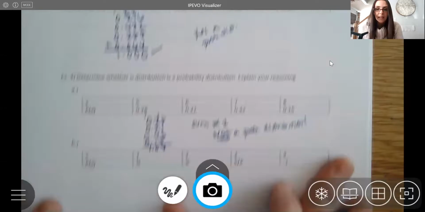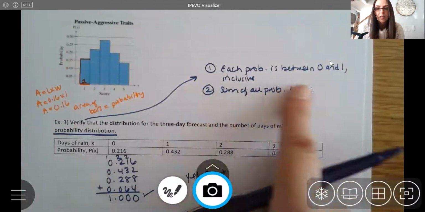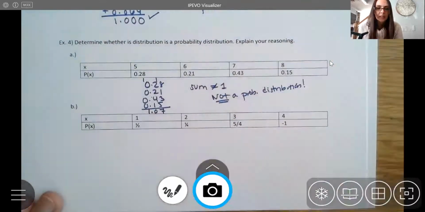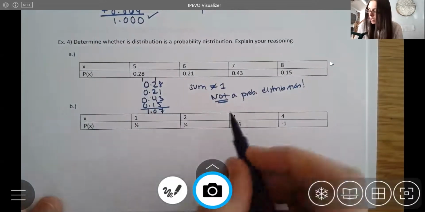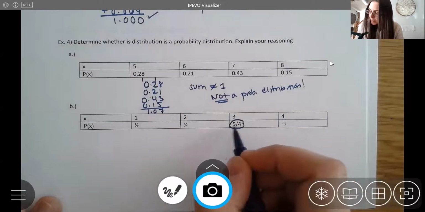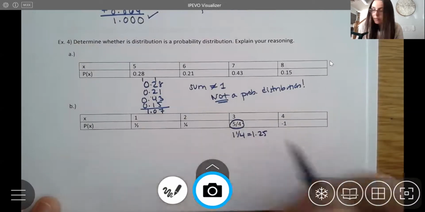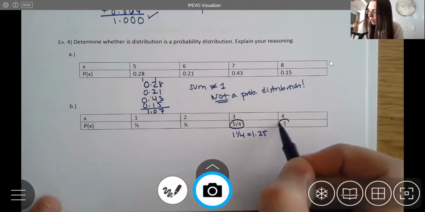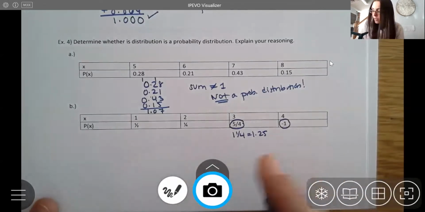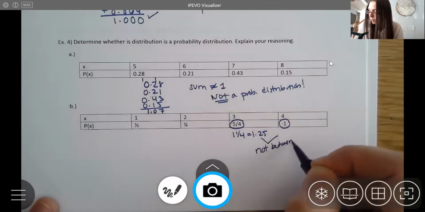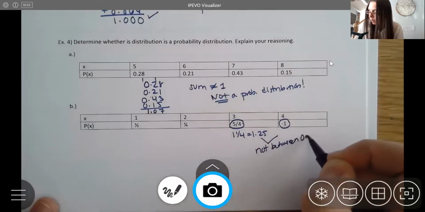Now for the second one, again, we check those same two things. If I check whether my probabilities are between 0 and 1, I have two issues. I have this one right here, because 5/4 is the same thing as 1 1/4, which is 1.25, so it's too big. And then I also have something that's too small. So these two probabilities are not between 0 and 1.